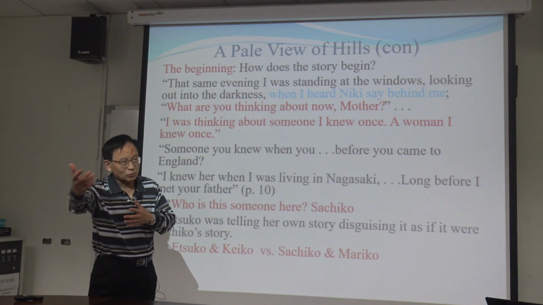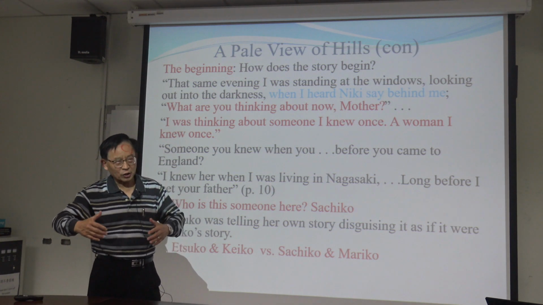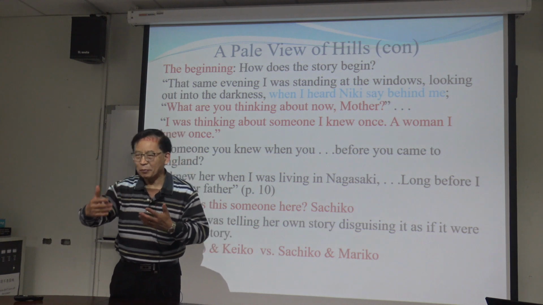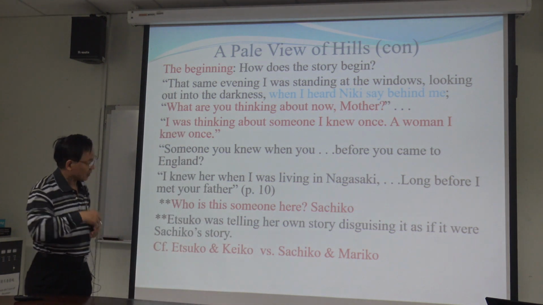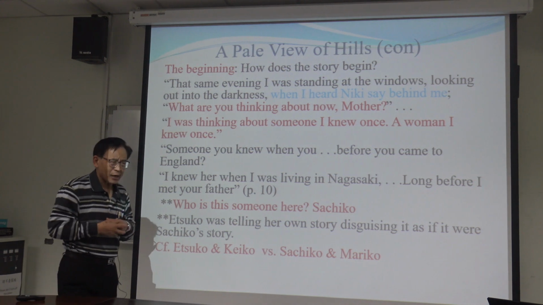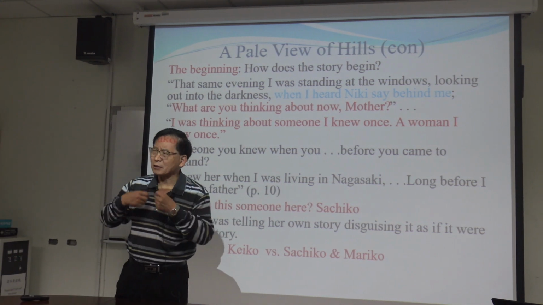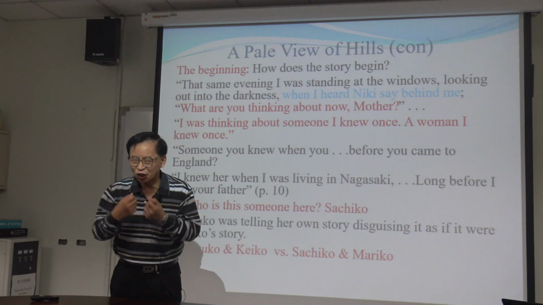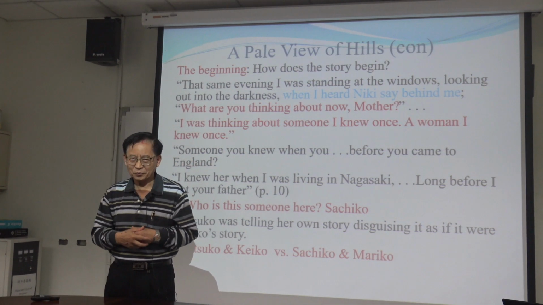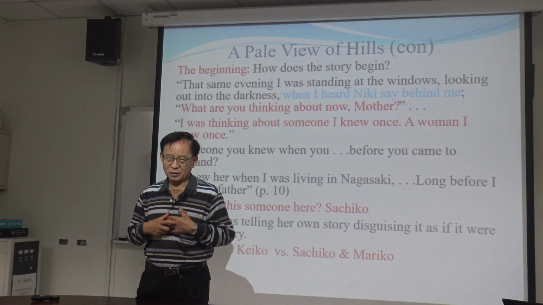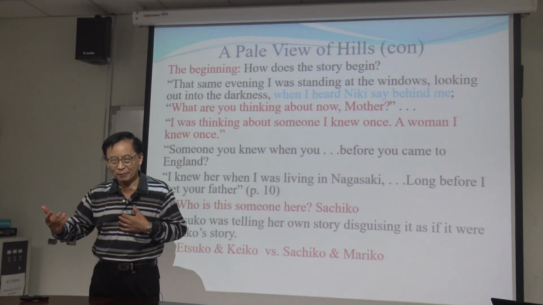So Niki came to see the mother in order to hear about what happened to the mother in the past. Then another interesting point is why does the mother need to tell the younger daughter her own story, what happened to her in Japan?